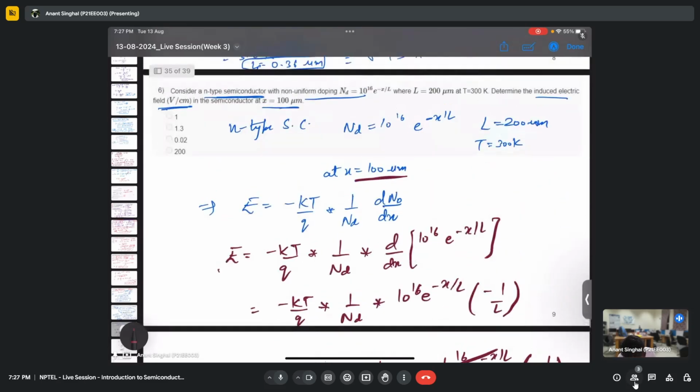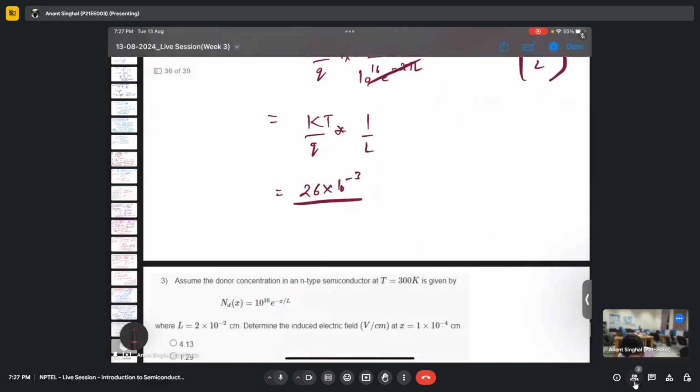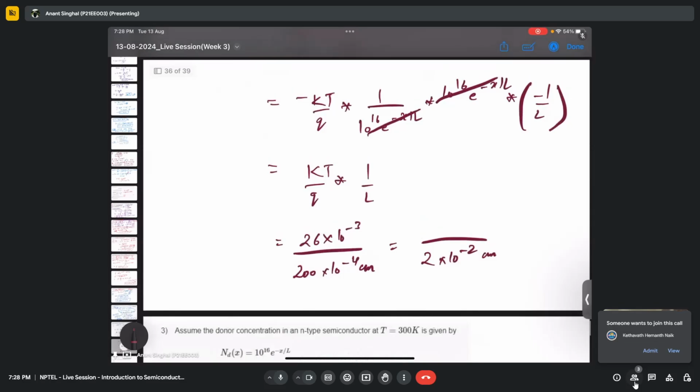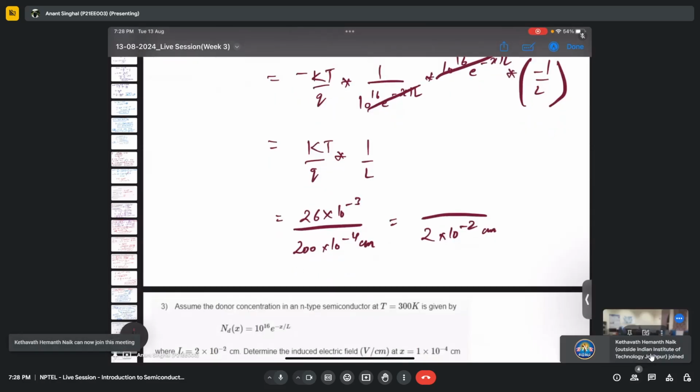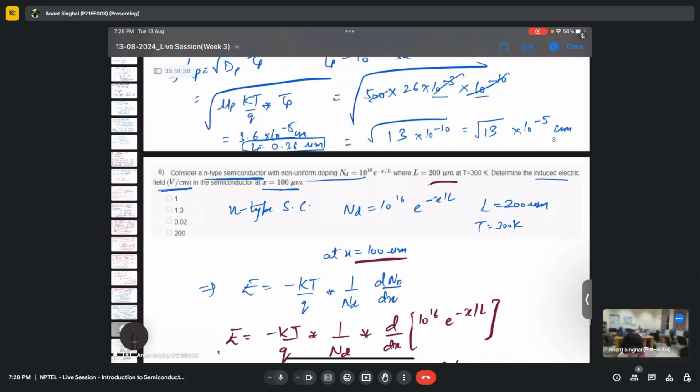The length is given as 200 micrometer, which means 2 into 10^-2 centimeter. So we have 26 times 10^-3 divided by that, which gives 1.3 volt per centimeter, which is option B.